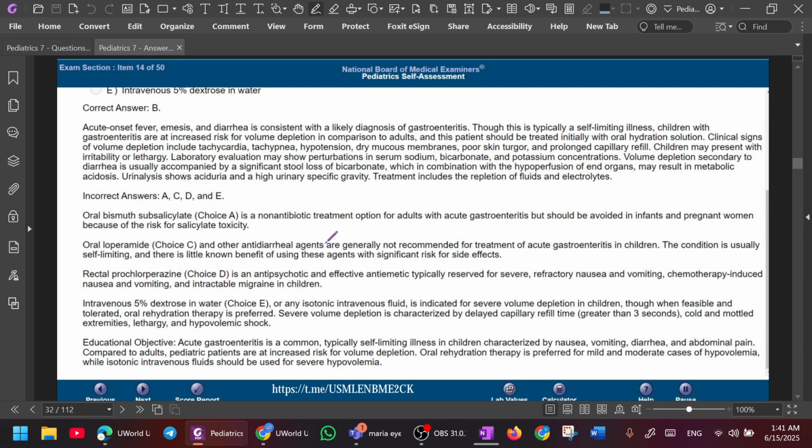IV 5% dextrose in water or any isotonic intravenous fluid is indicated for severe volume depletion in children, though if feasible and tolerated, oral rehydration is preferred. Severe volume depletion is characterized by delayed capillary refill time, cold and mottled extremities, lethargy, and hypovolemic shock.